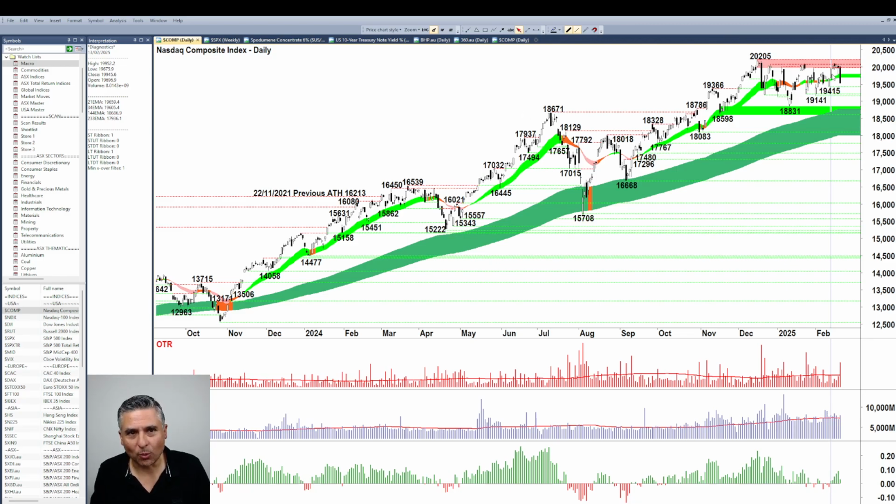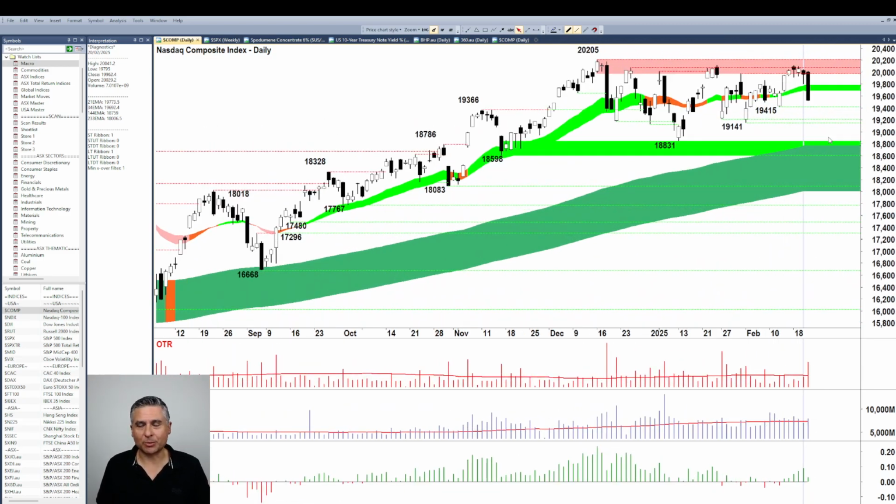Fast forward 4 trading sessions, up until Thursday, and everything still looked fine, even with Thursday's lower shadow, and then Friday appeared.